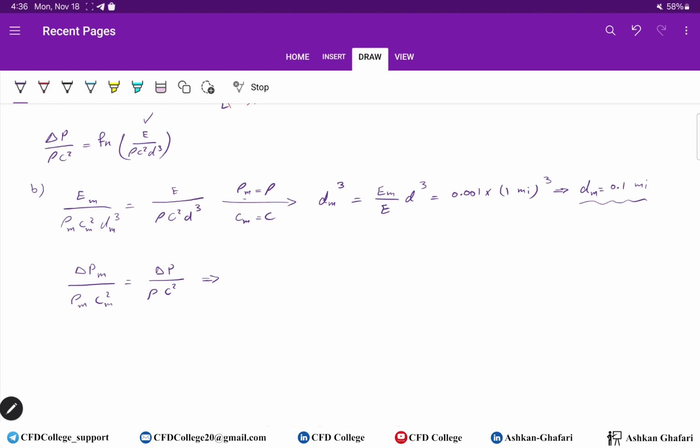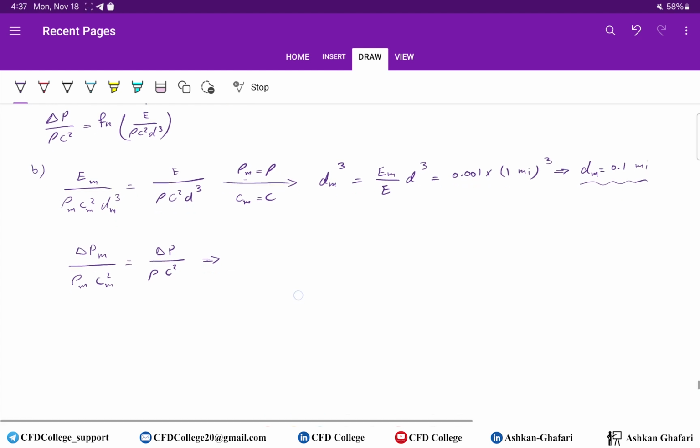Since rho and c are the same, it means that delta p m equals delta p, but you should remember that the diameter for the model is 0.1 mile. So we have this condition at dm equals 0.1 mile.